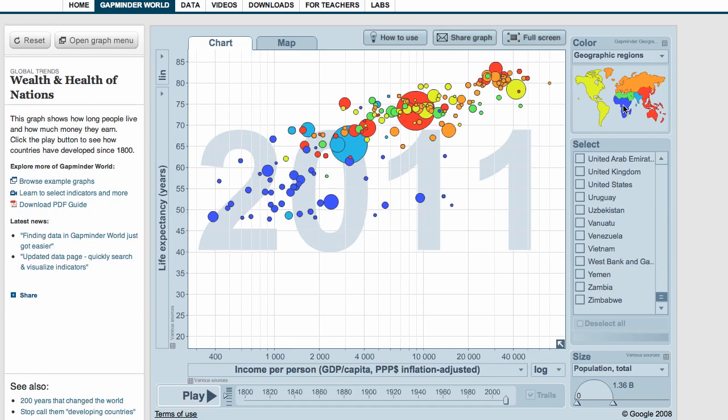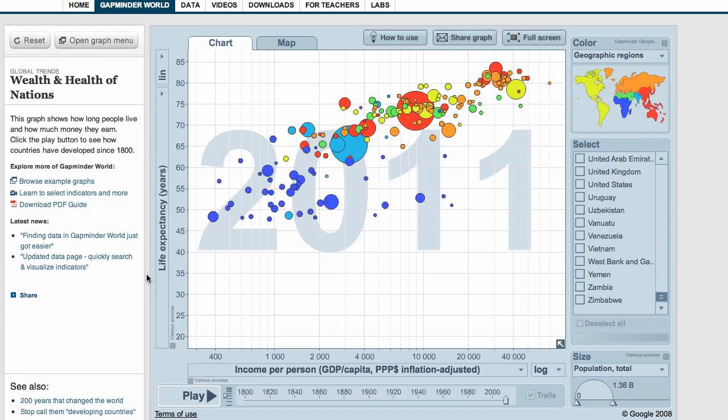Now you could compare that versus, for example, the European nations right here, and you can see that students will see that while they are clustered, the countries in Europe tend to be significantly higher on life expectancy than the countries in Sub-Saharan Africa.